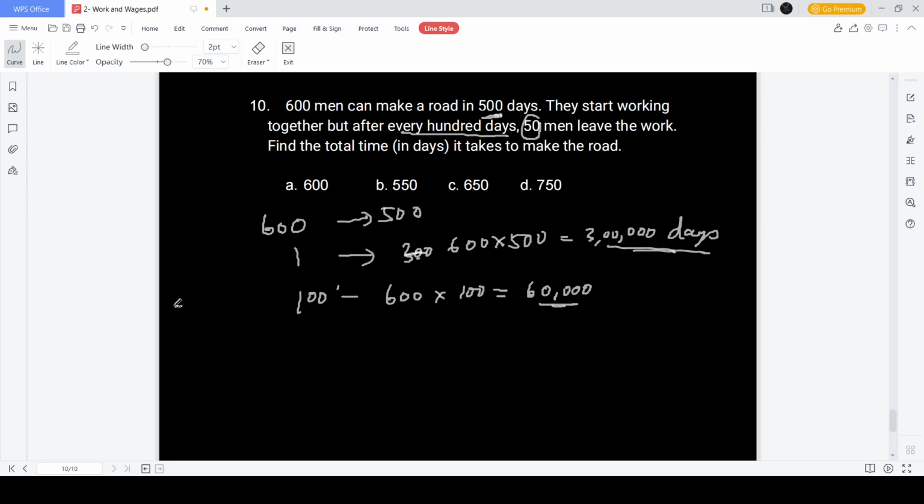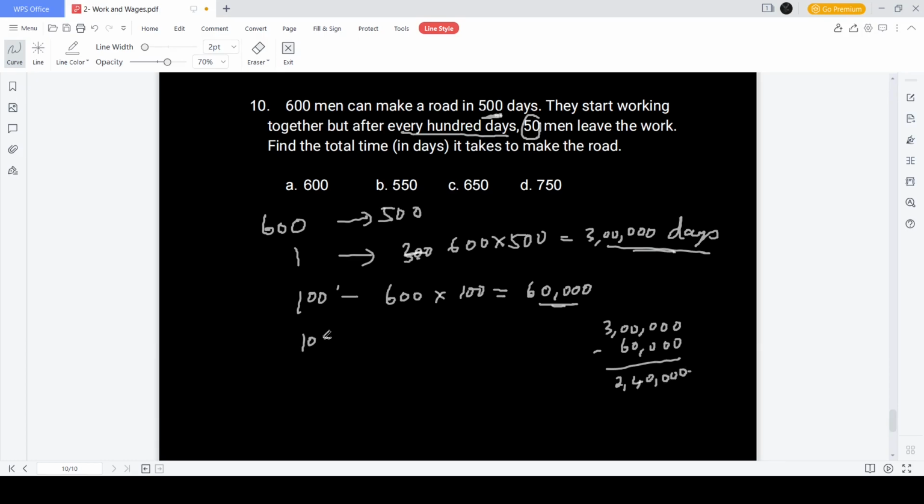Okay, so basically we have to achieve 3 lakh worth units of work. Now in the first 100 days, we did 60,000 worth. So we still need to do 2,40,000 units of work.